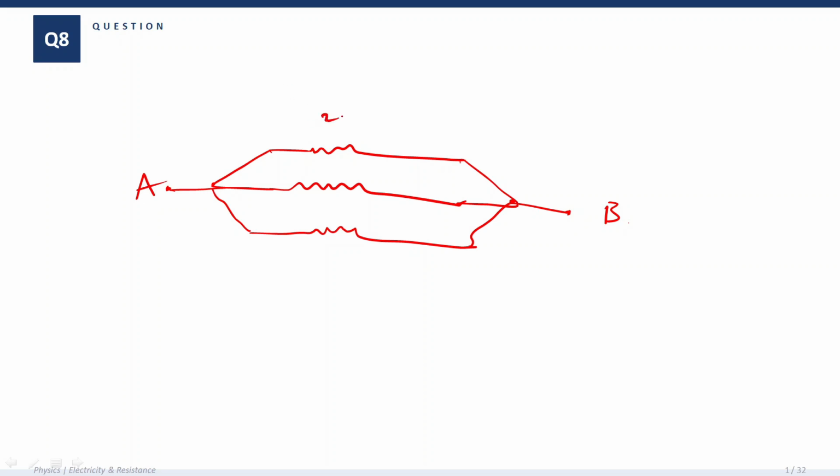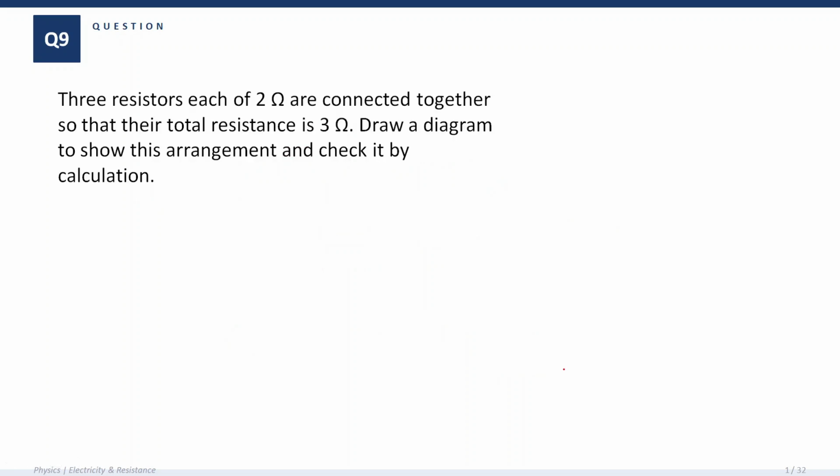Given 2 ohms, 3 ohms, and the 5 ohms. And we found the equivalent resistance equal to 0.967 ohms, less than 1 ohm.